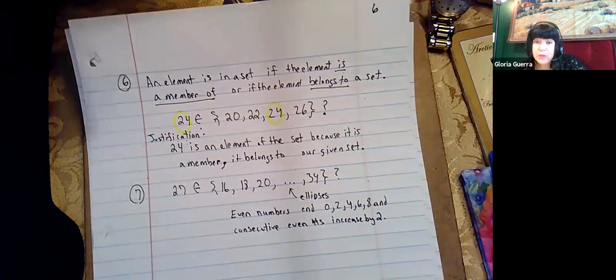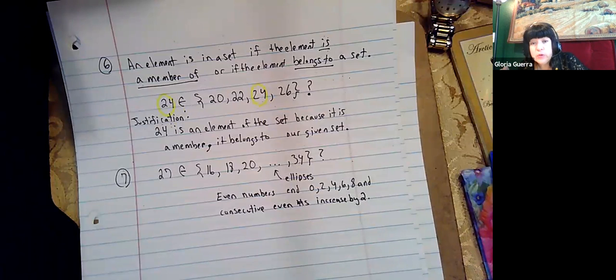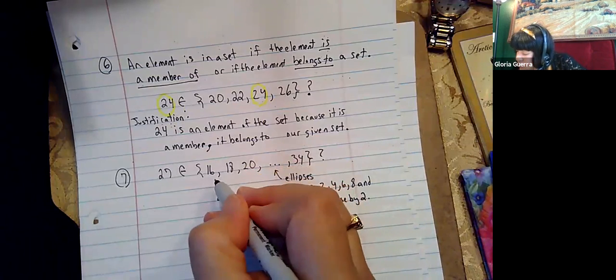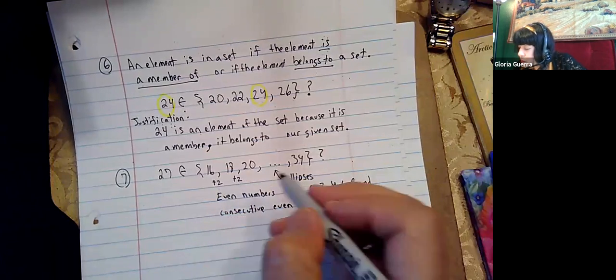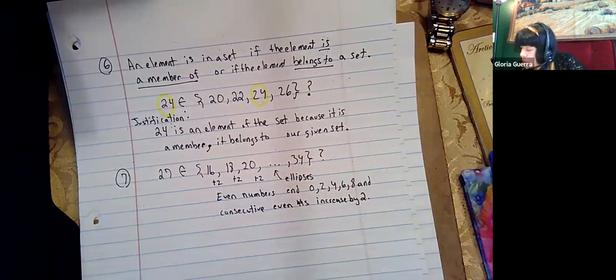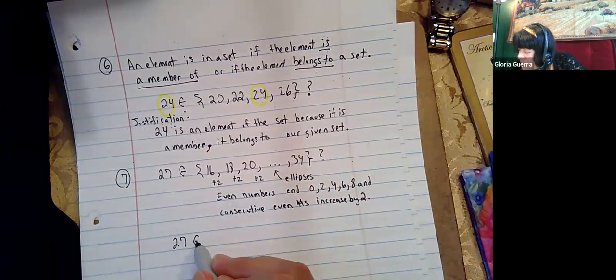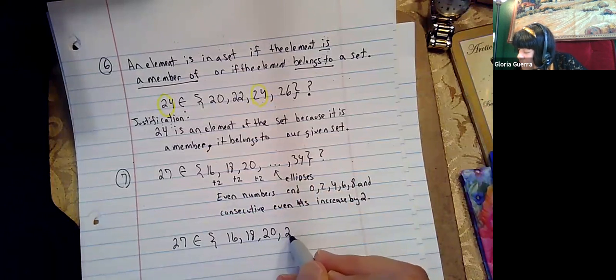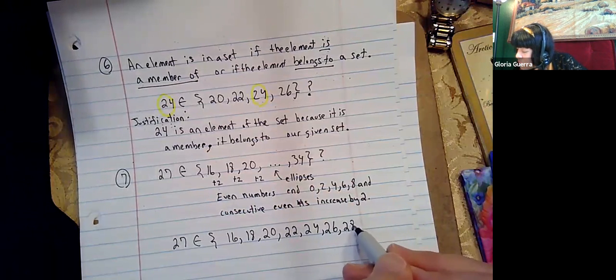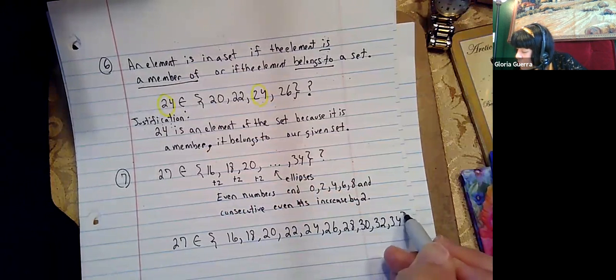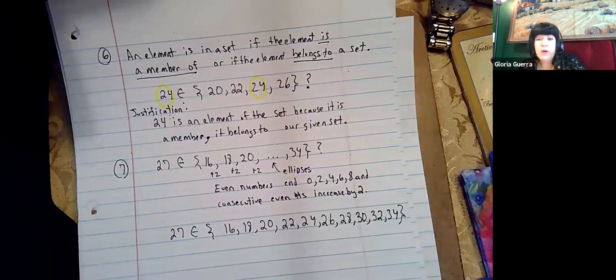So if I do 16 plus 2, that's 18. 18 plus 2, that's 20. 20 plus 2. So then that means I have this: 16, 18, 20, 22, 24, 26, 28, 30, 32, 34. So you see how I fill those in?